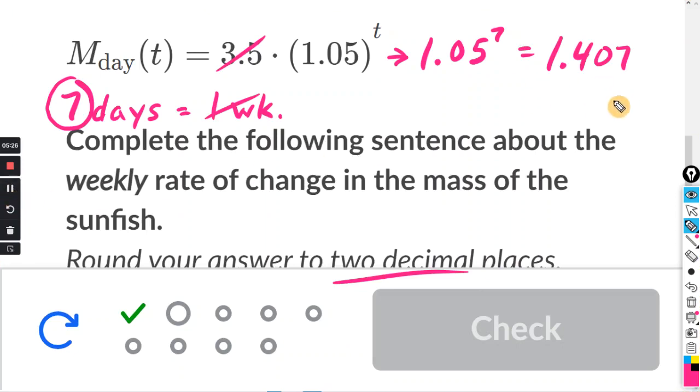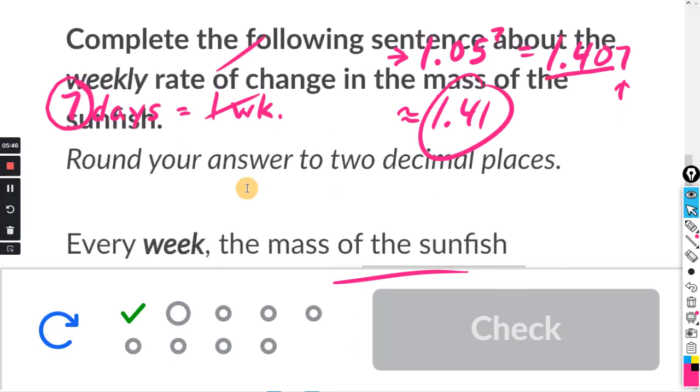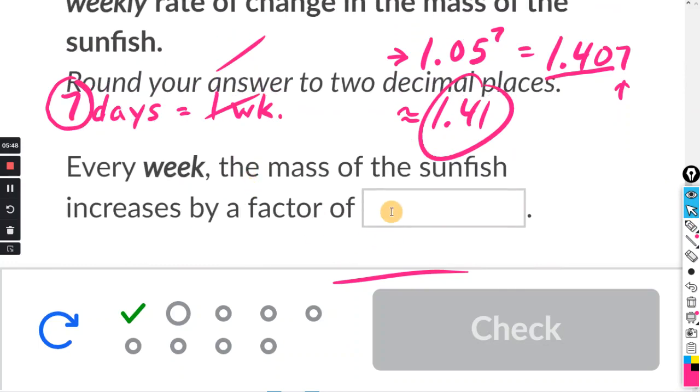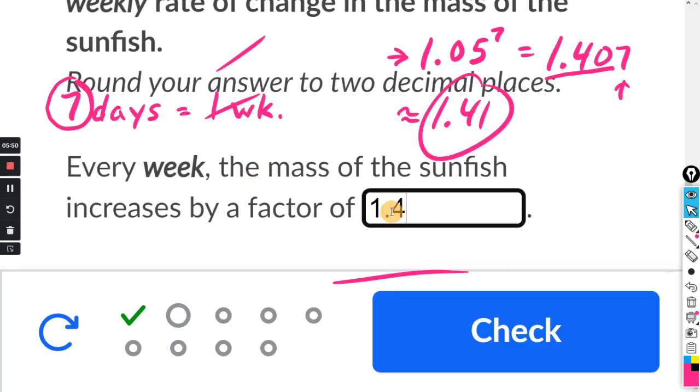Okay, I get 1.407 looking at the 3rd decimal. If it's 5 or more, you round it up. So this is going to be rounded off to 1.41. Okay, that is the factor or the multiple that occurs each time t goes up by a week. So the factor of that is 1.41.